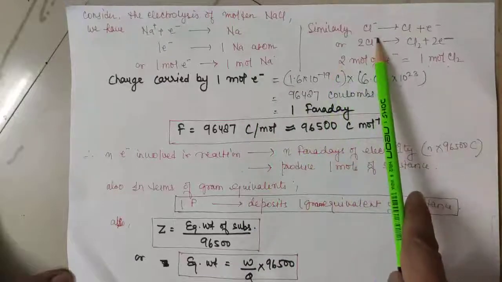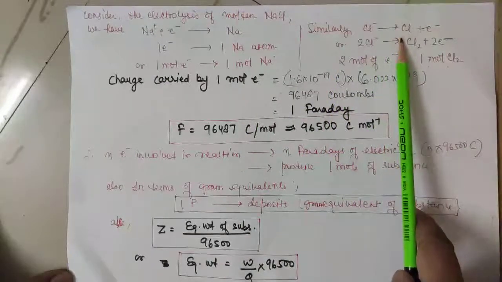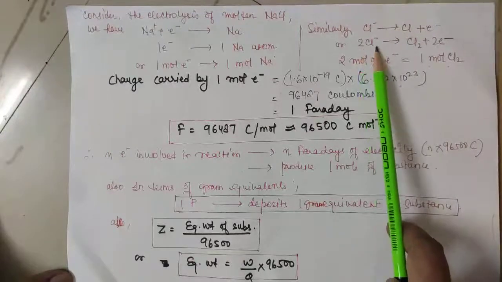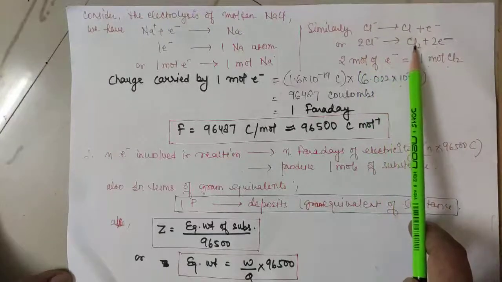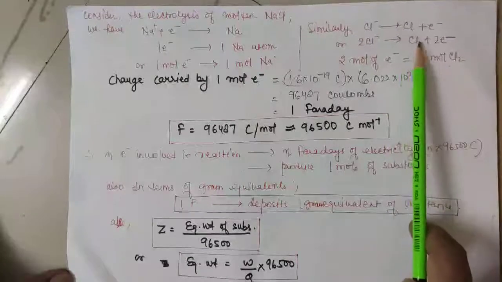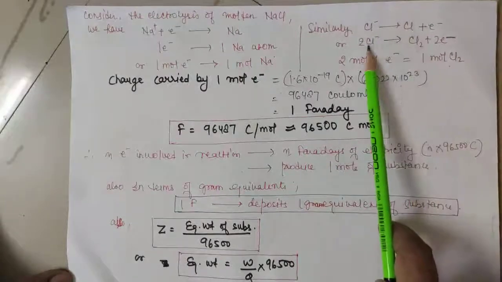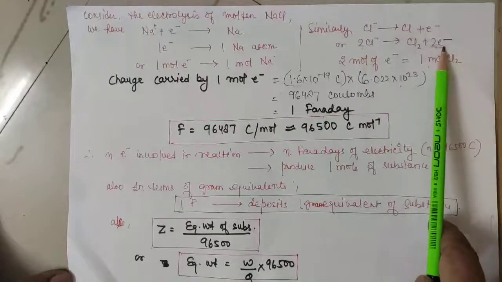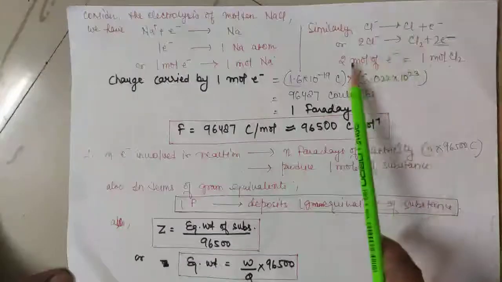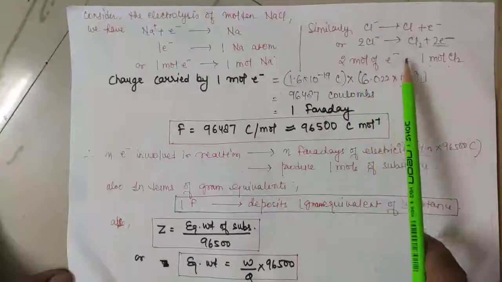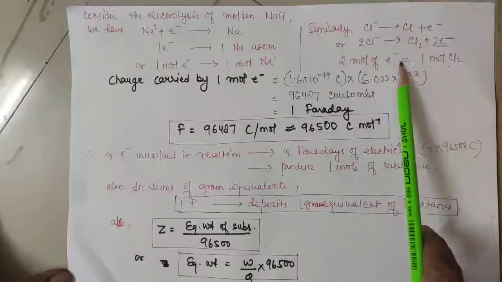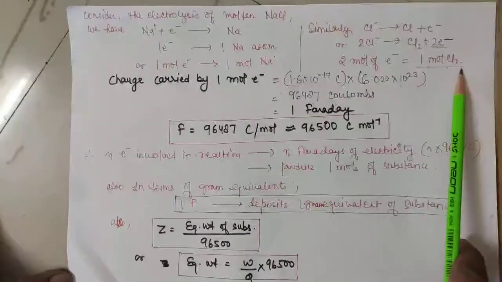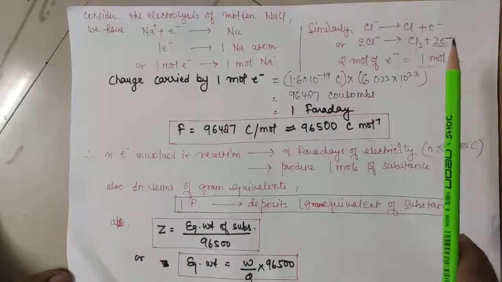Similarly, chloride ion will lose 1 electron to form a chlorine atom, and 2 chlorine atoms produce 1 mole of chlorine gas. It has to lose 2 moles of electrons. That is, 2 moles of electrons will be lost to produce 1 mole of chlorine gas.